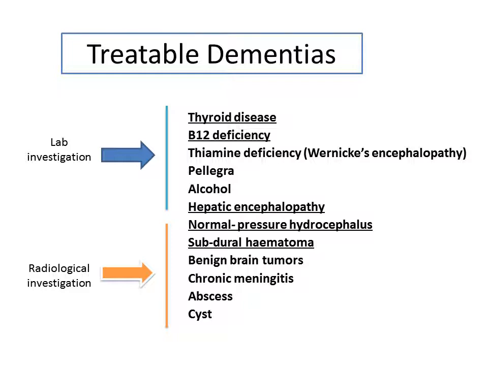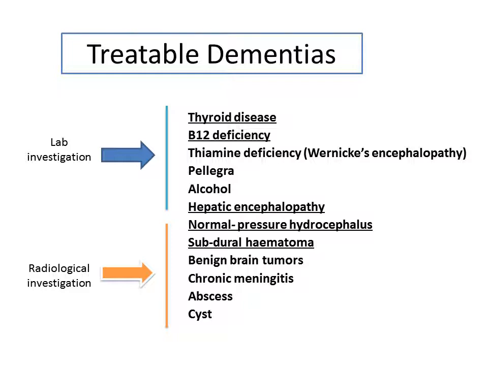Also, we will talk about the treatable causes of dementia. The importance of these causes is the investigations, either radiologically or by laboratory, to detect the cause and treat it.